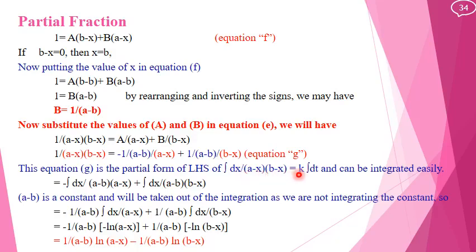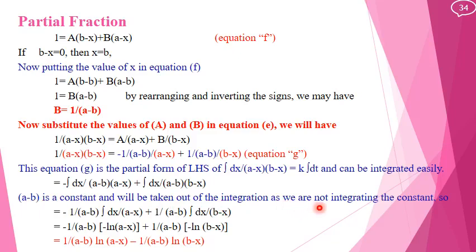This equation is the partial fraction form of the left hand side of dx over (a minus x) into (b minus x), which was equal to k dt. And now we have the potential to integrate this with great ease. So the integration sign goes on dx over (a minus b) into (a minus x) plus dx over (a minus b) into (b minus x).